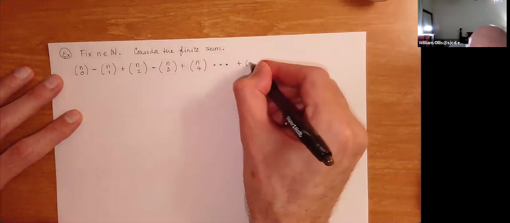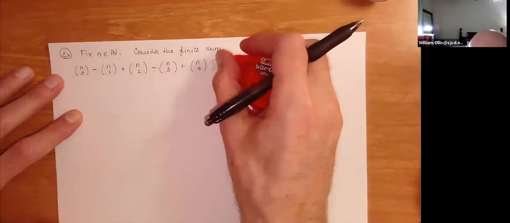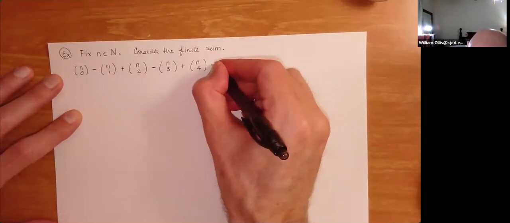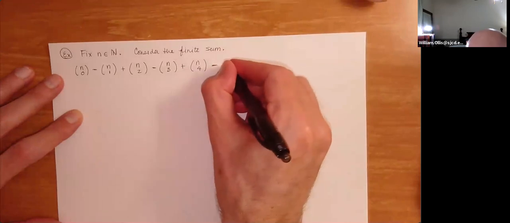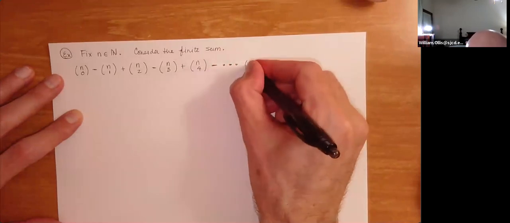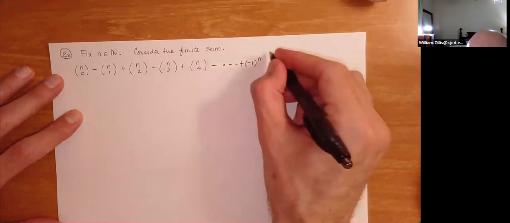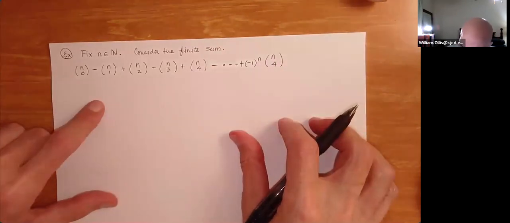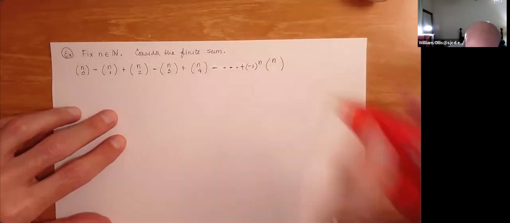plus, let me write it in a way so it doesn't look like I just kind of left things out. We'll do minus plus, since the next term would be a minus, and then plus negative 1 to the n, n choose n.